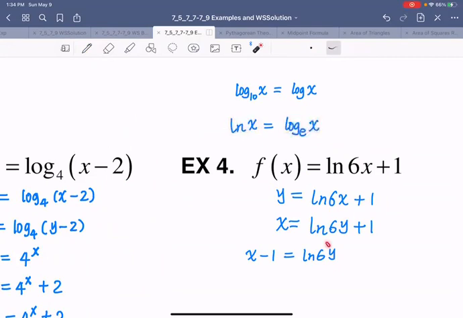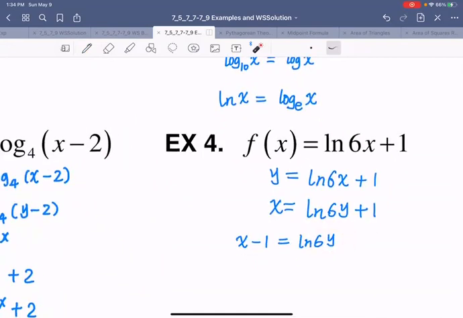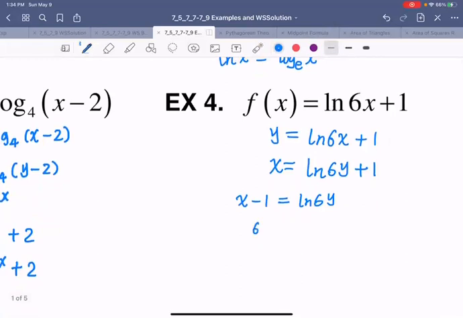Now, if you want to find out this y, what does this mean? This means the base here is e. So 6y equals e to the power of x minus 1. Does this make sense? If you feel confused about here, you can rewrite: that guy is always equal to the base to the power of this.